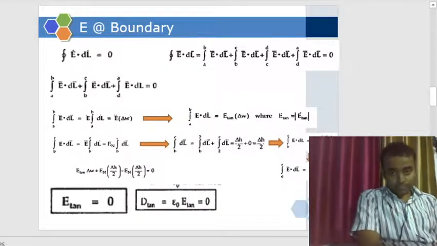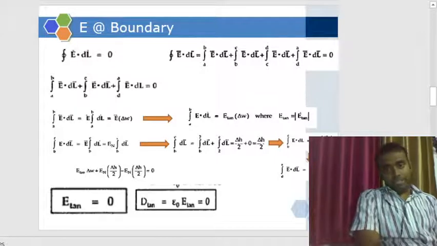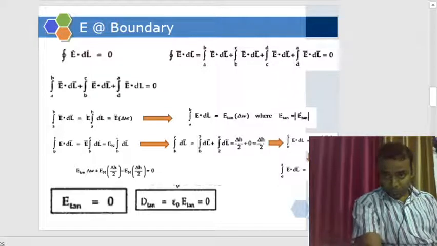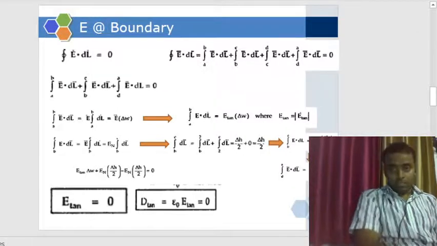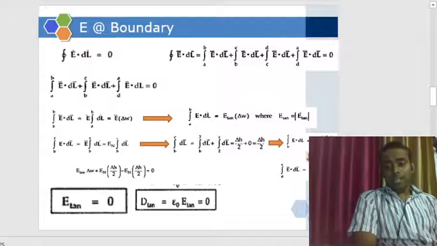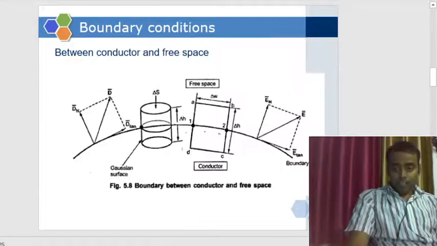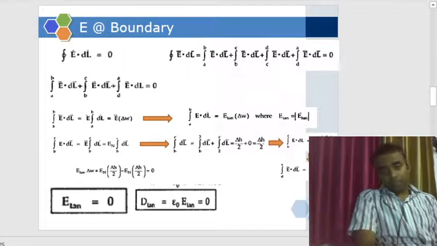Why? I'm saying from here you can see the third term, the line integral C to D will be 0. Why?